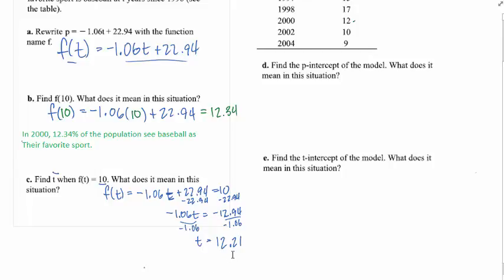So let's not worry about the decimal portion. So in 2012, that would be 1990 plus 12. In 2012, the percentage that we have is the output. That's 10. So this is 10%.